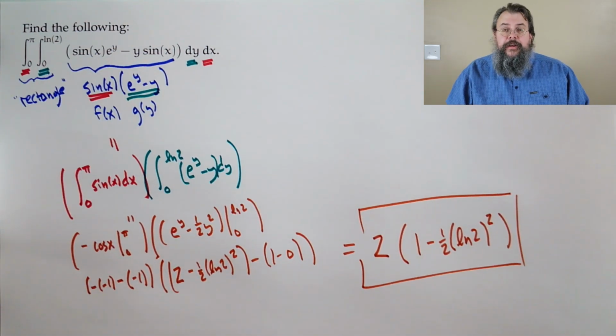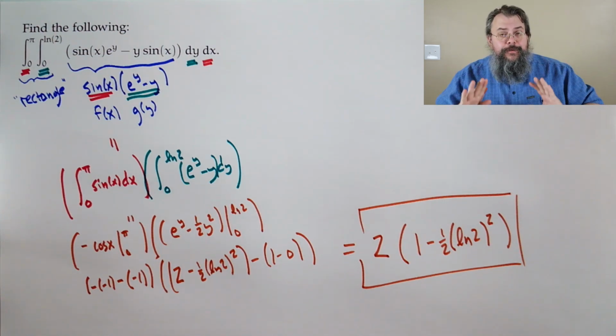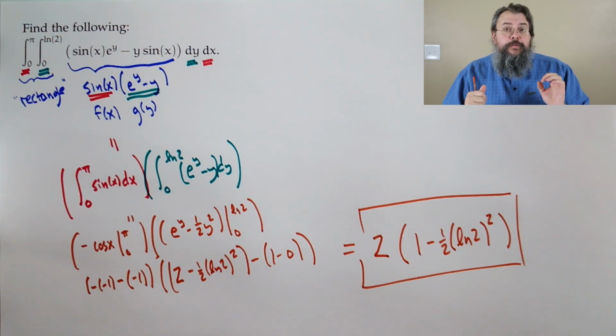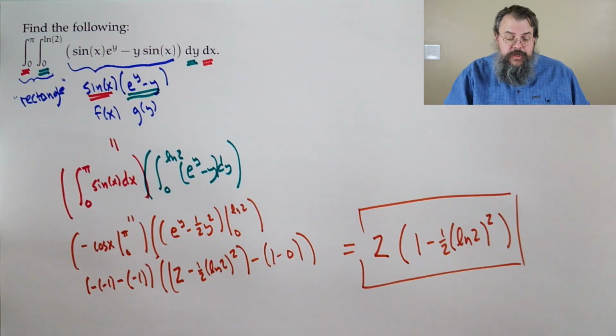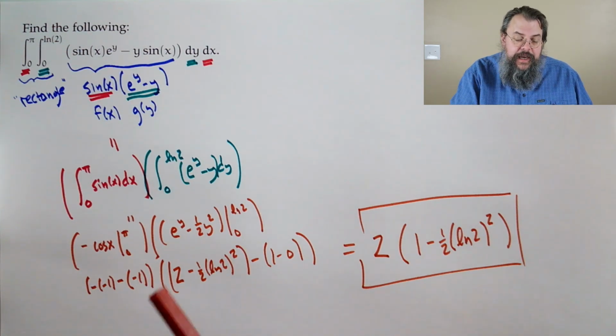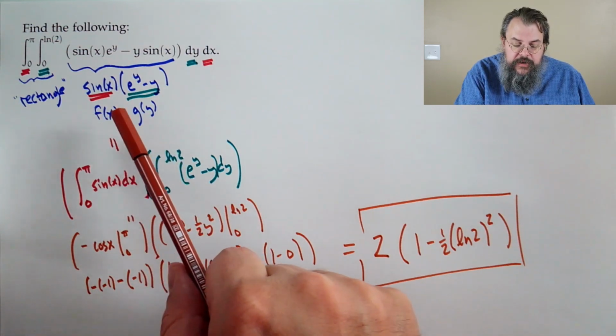So, when you have this situation, and I really want you to be careful here, because I don't want you to overuse this, or more importantly, misuse this. You have to have a couple of things. You have to have a rectangle, which means all your bounds have to be constants. And we will see that there are cases when that's not the case. So make sure you have that. And your function has to be one where you can write it as a product with the different variables.